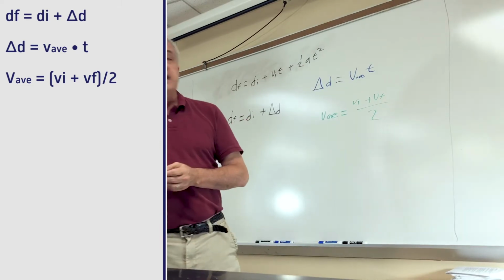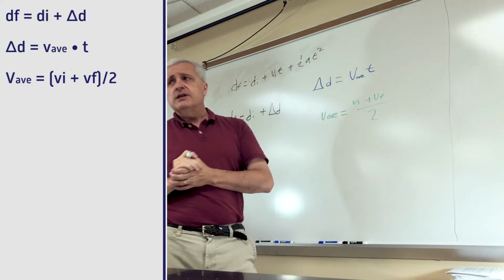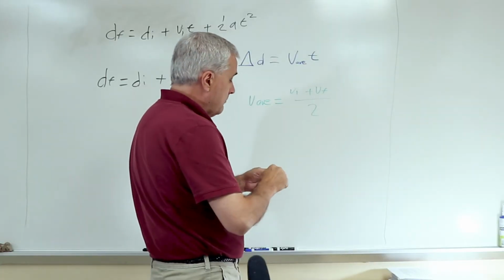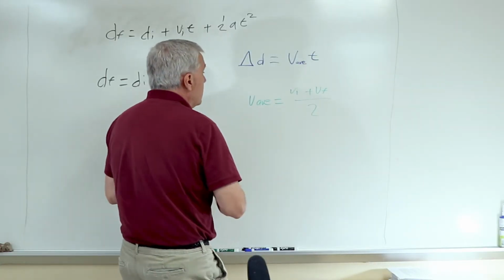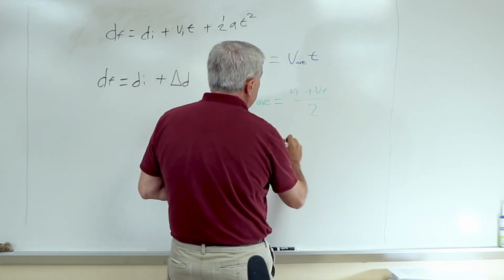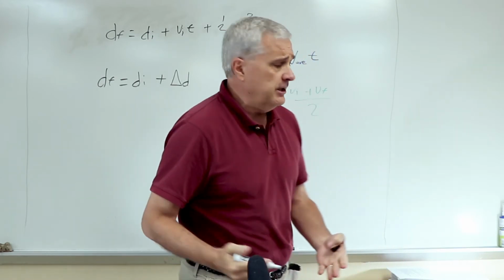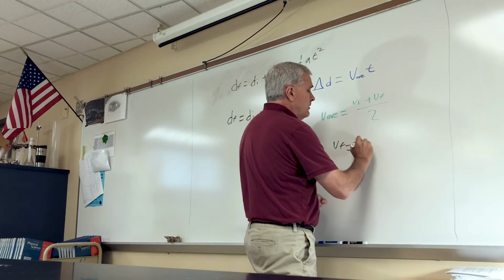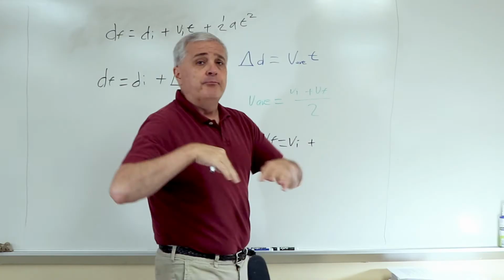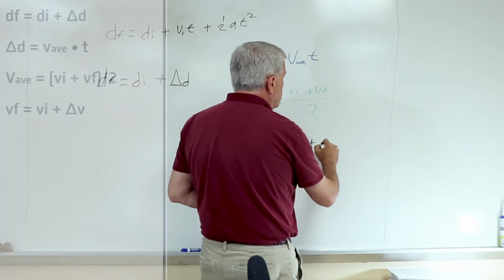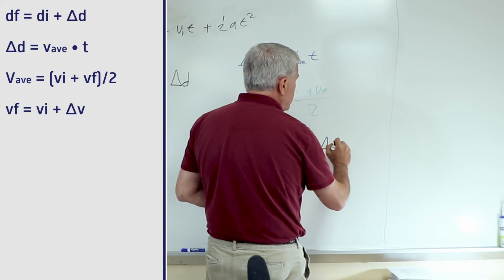V F, the final velocity, let's take a look at that. Final velocity, we're going back to black. V F is equal to how fast was it going to start with, and by what amount did it change velocity. So that would be delta V.